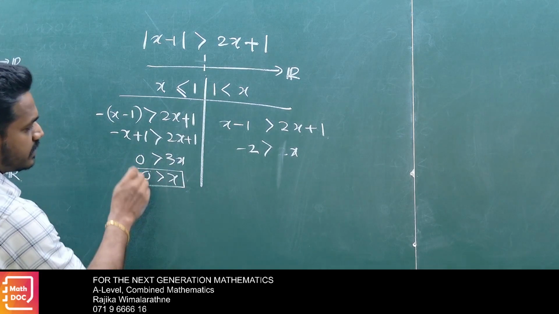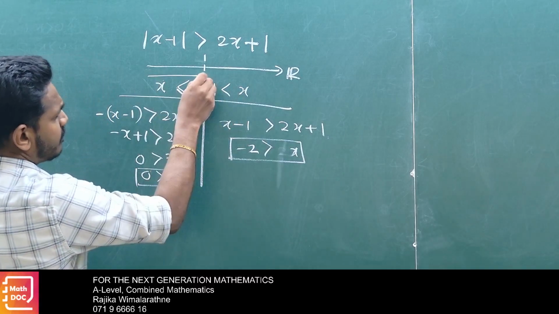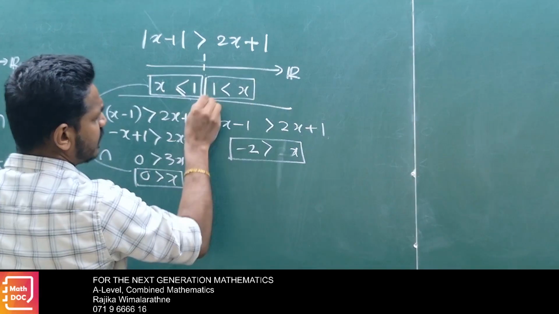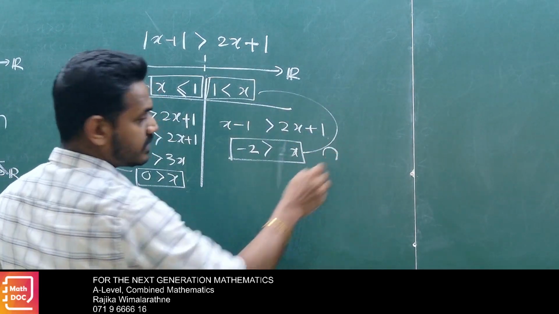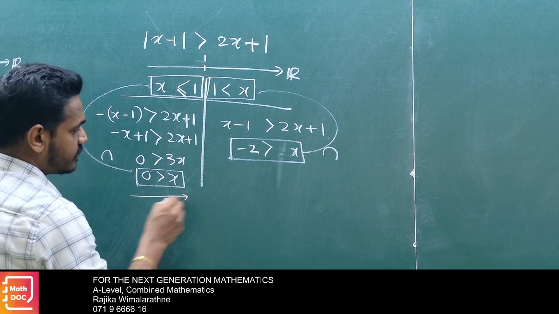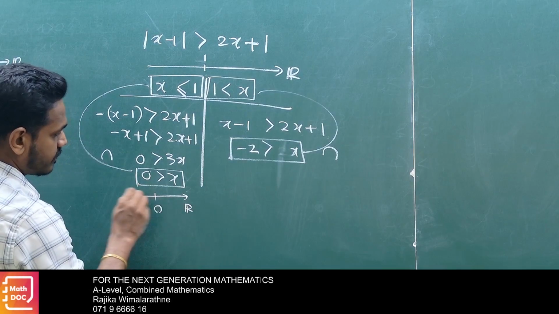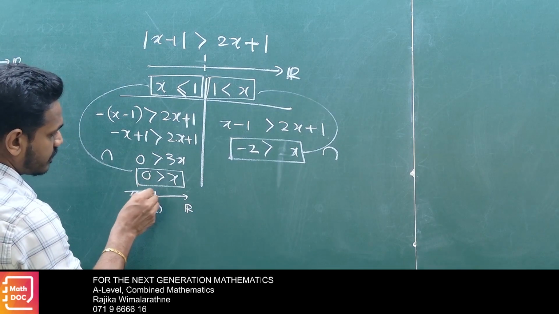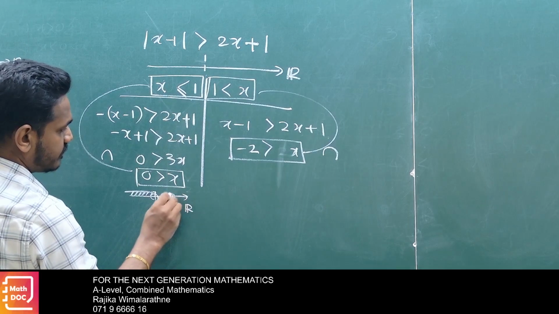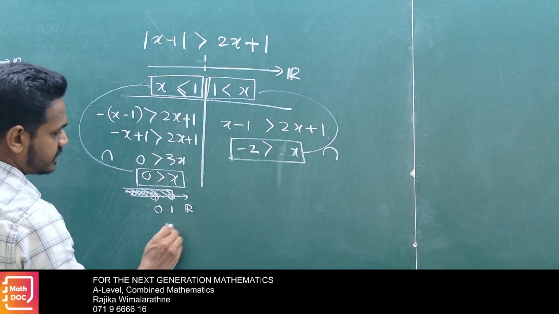So now we have two solution sets. Take these two and get the intersection. Similarly, take these two and get the intersection. Then for the final answer, take the union. Do it: x less than 0, x less than or equal to 1. The common region is less than 0.